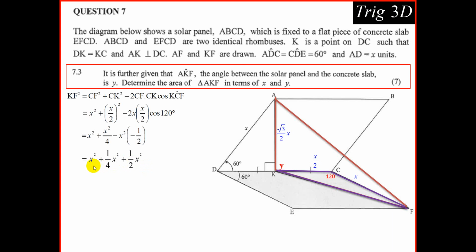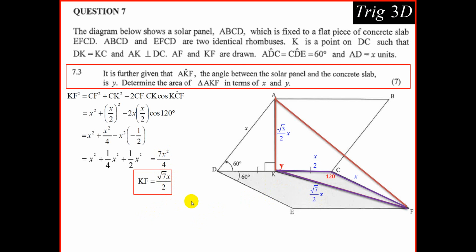These are all like terms, so we can just add the coefficients 1 plus 1/4 plus half, and you can use your calculator, giving you 7 over 4 x squared. Now remember, that is KF squared. So to find KF, we're going to find the square roots, which is root 7. The square root of 4 is 2, and the square root of x squared is x. So we found KF, and we're going to put it down to our diagram, root 7 over 2x.